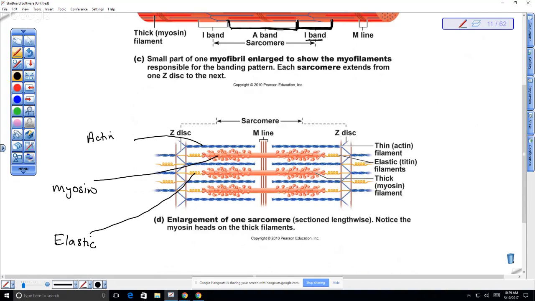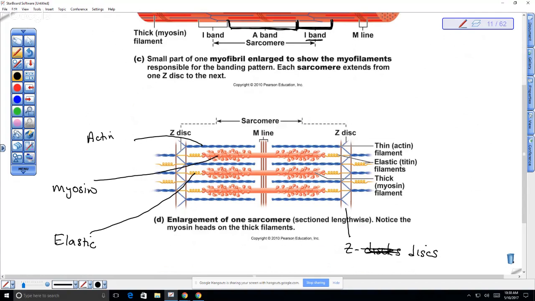The other thing that you need to know in this diagram are the Z discs. This is what the muscles pull against. The muscle itself has to have something to pull against, and these right here are a structure, like scaffolding in the muscle. That is what a Z disc is.